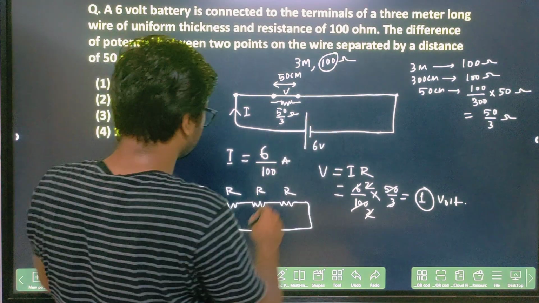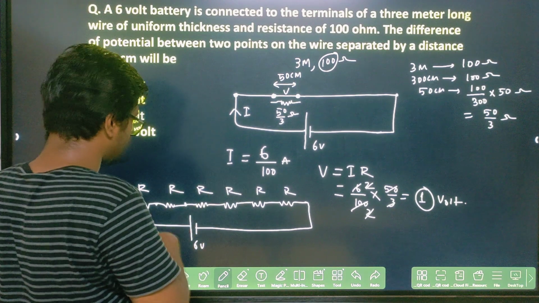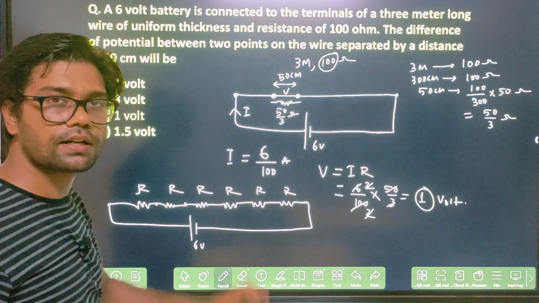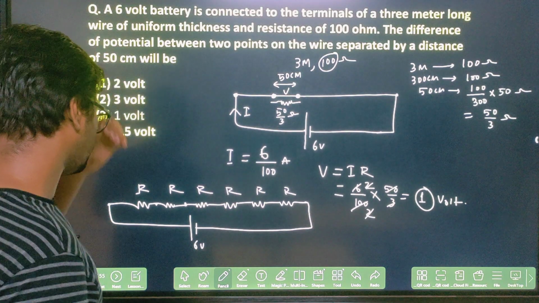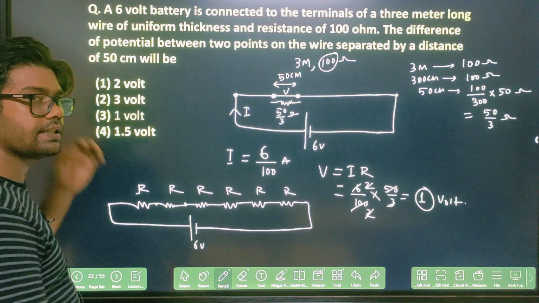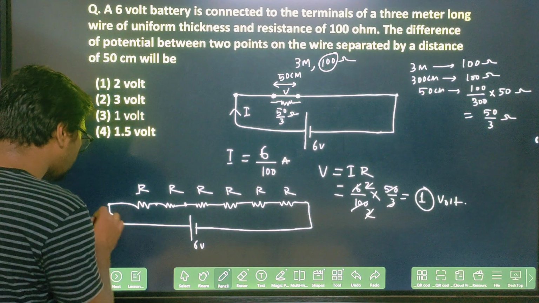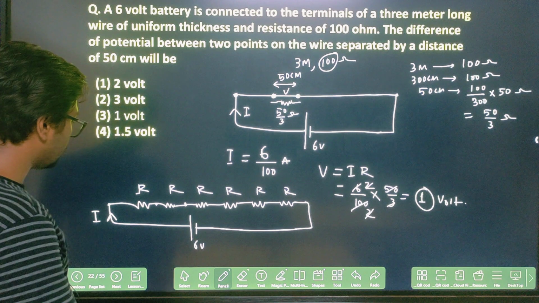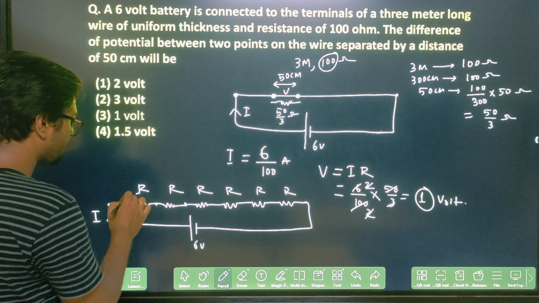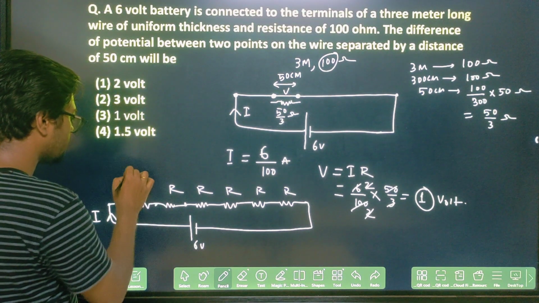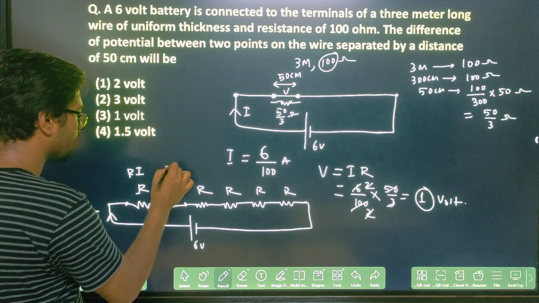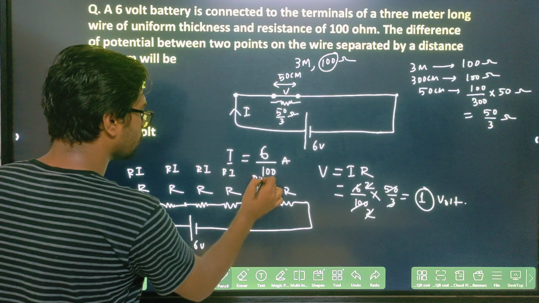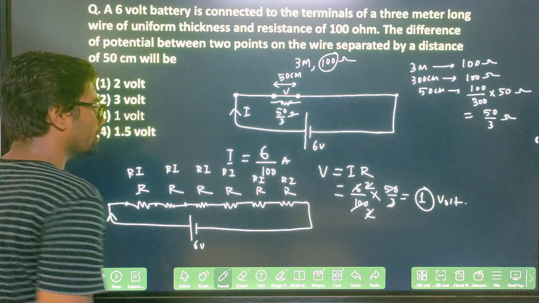This 3 meter is made part-wise, and these are 6 equal resistances R you can put. And this 6 volt battery is there, and the current will be the same here because all are connected in series, right? So whatever potential drop is here through this R, this will be Ri, here also Ri, here also Ri, here also Ri, here also Ri, here also Ri.